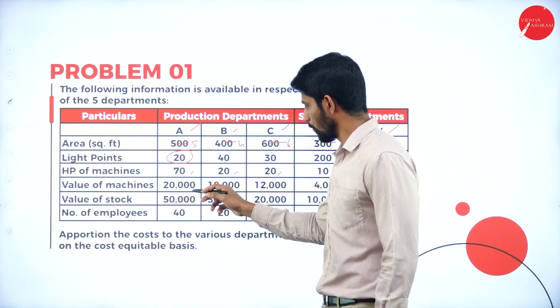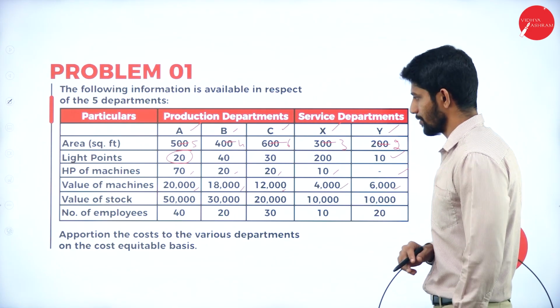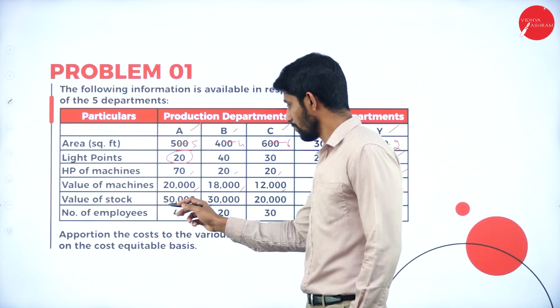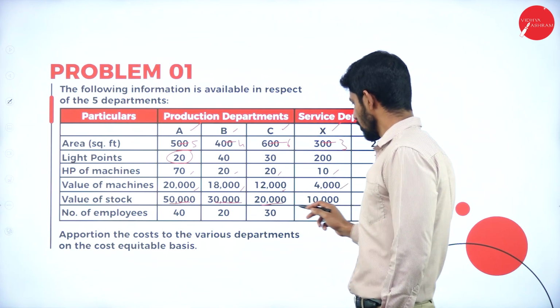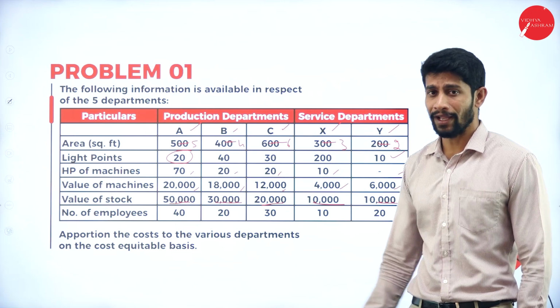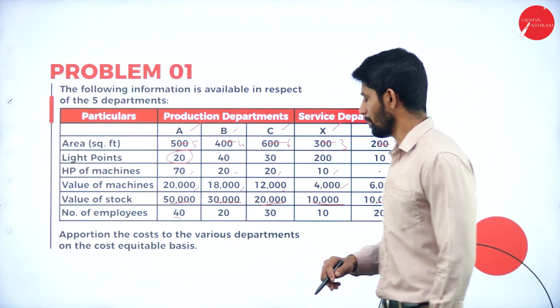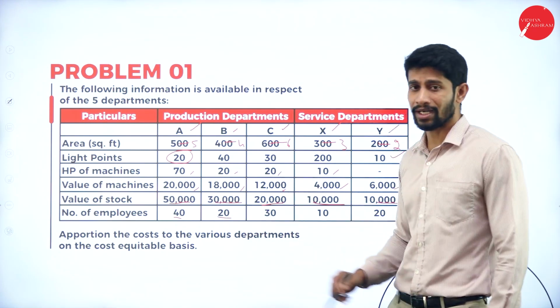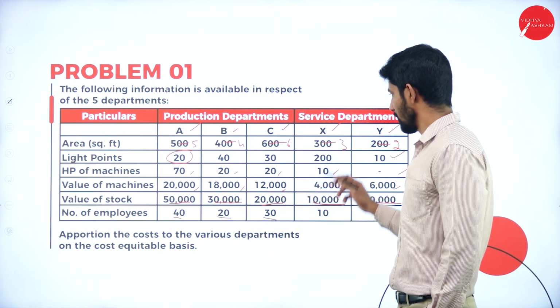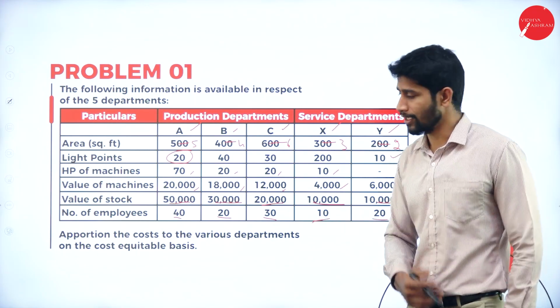Value of machine 20,000, 18,000, 12,000, 4,000, 6,000. Value of stock 50,000, 30,000, 20,000, 10,000, 10,000. Next, number of employees: in this department 40, in production department B 20, production department C 30, service department 1 it's 10, service department 2 it's 20.